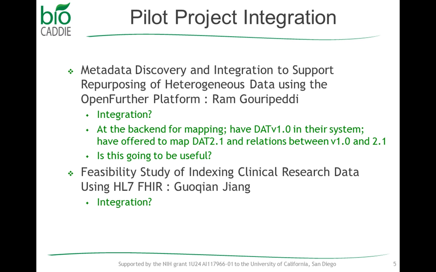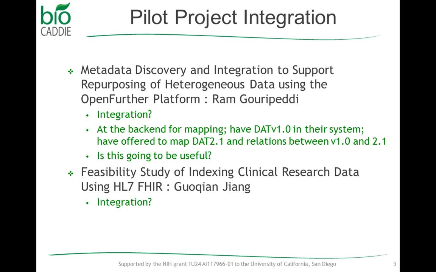So one of the things that they did offer was that we could use this, of course, for mapping. They already have DATS version 1 in their system, and they've offered to map DATS 2.1 and also map the relations between version 1 and 2.1.